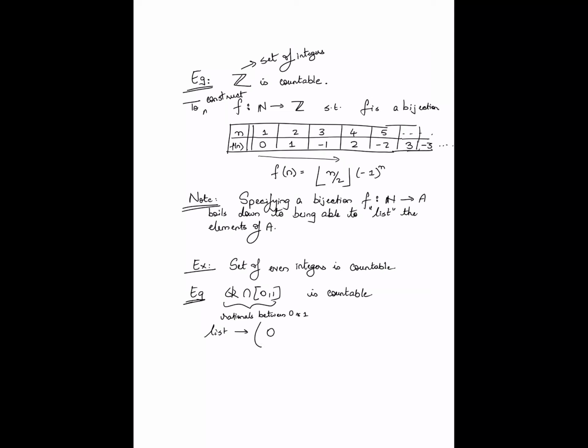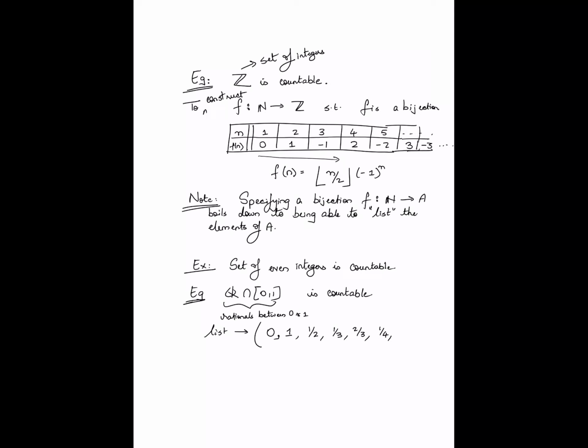First, I'm going to start off with 0. Then I'm going to write, of course, 1. Then I write 1/2, 1/3, 2/3, 1/4. What I'm going to do is first write all of these in the proper form, p/q, where p and q are relatively prime.